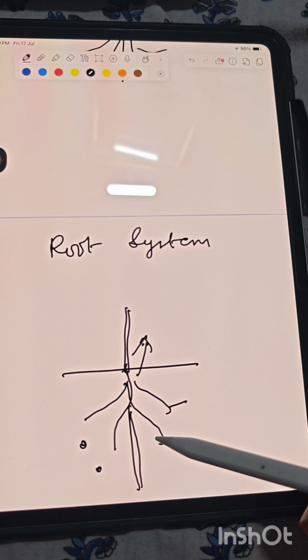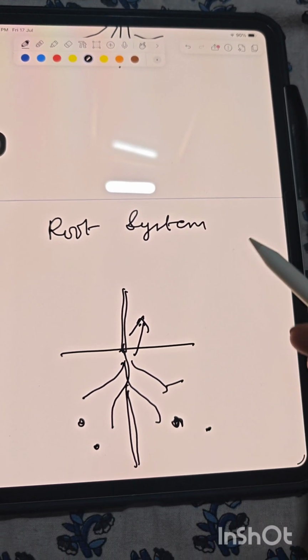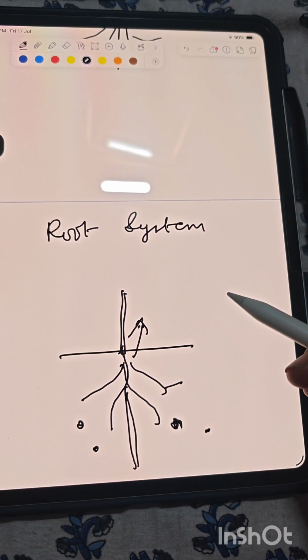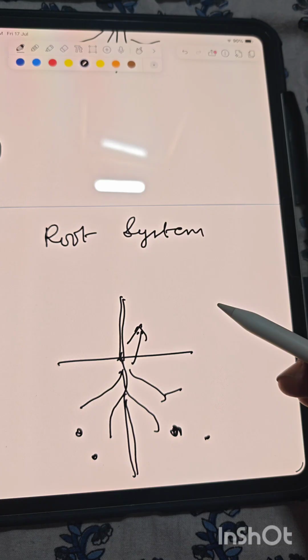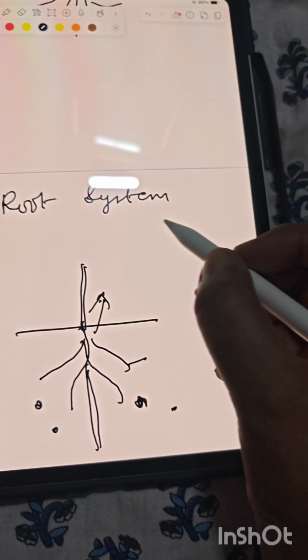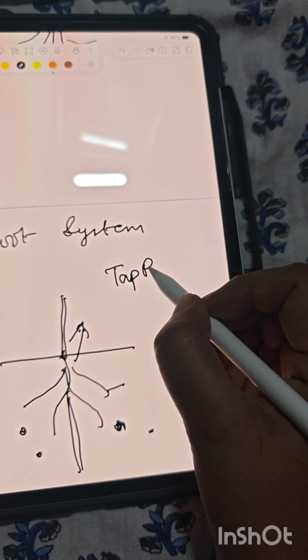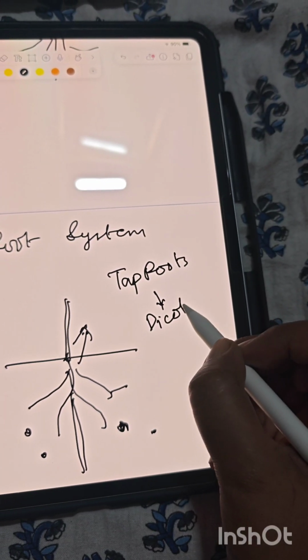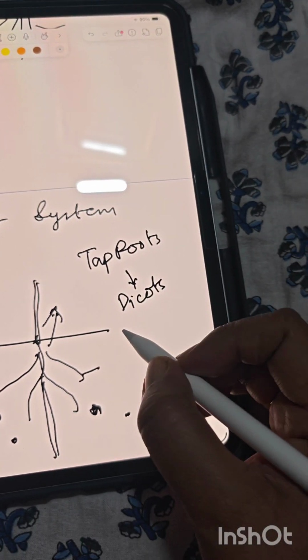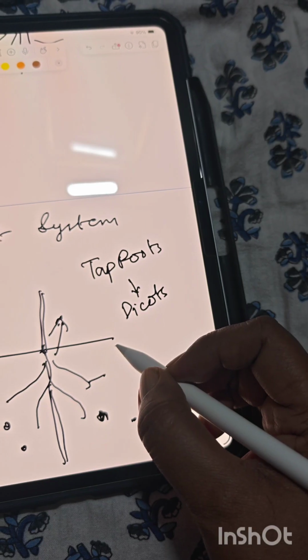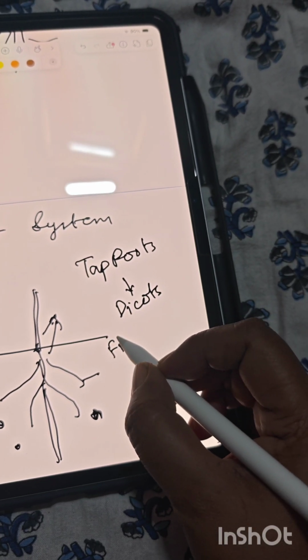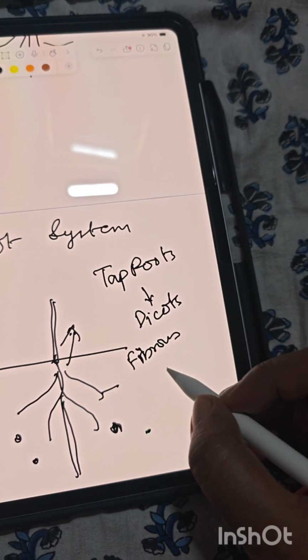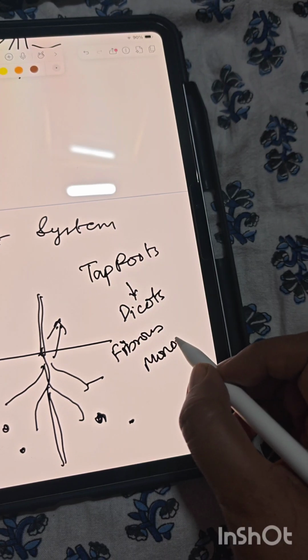As I said earlier, there are three types of root systems. One is taproot, which is commonly found in dicots; most dicots have the taproot system. The other is fibrous, which is generally common in monocots.